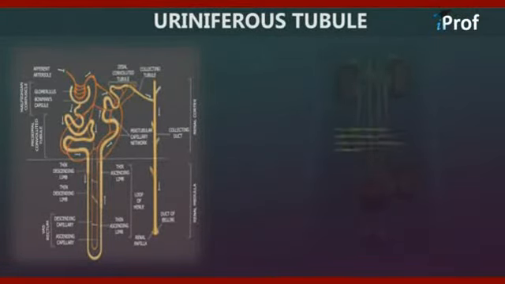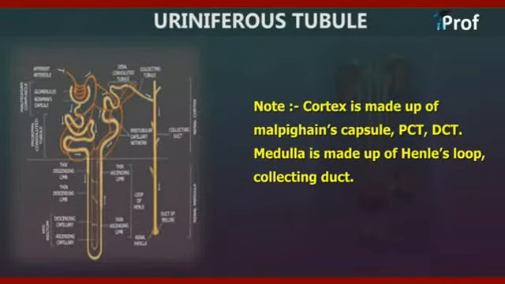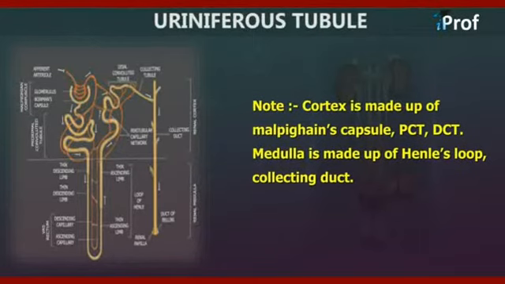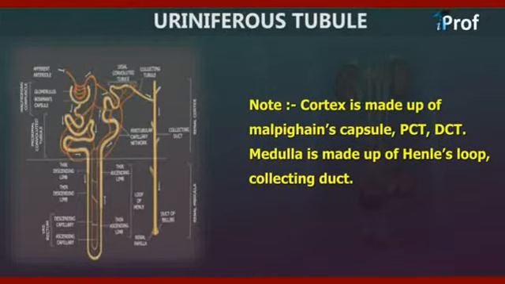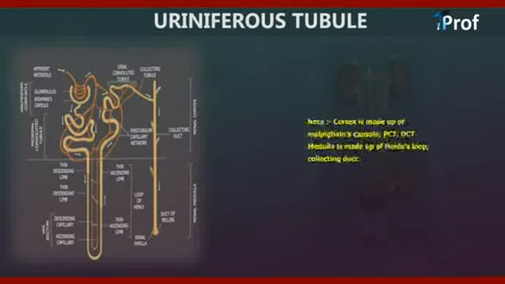Note: cortex is made up of Malpighian capsules, PCT, DCT, and medulla is made up of Henle's loop and collecting duct.